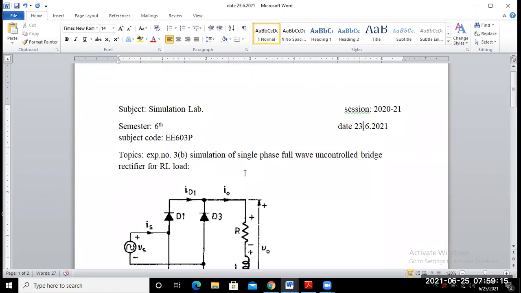So, simulation of single phase full wave uncontrolled bridge rectifier for RL load. First of all, we see the circuit diagram and the calculation of the average output voltage and output current, and the RMS and average value of the diode current.